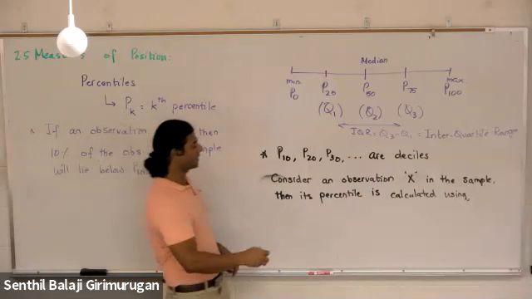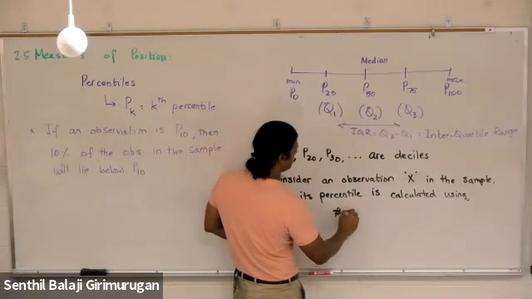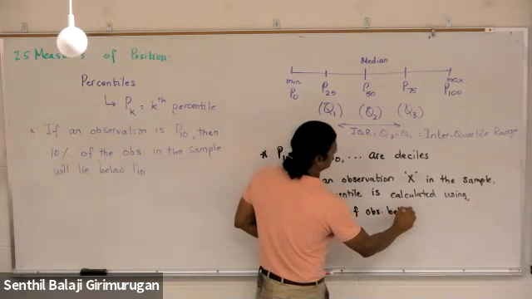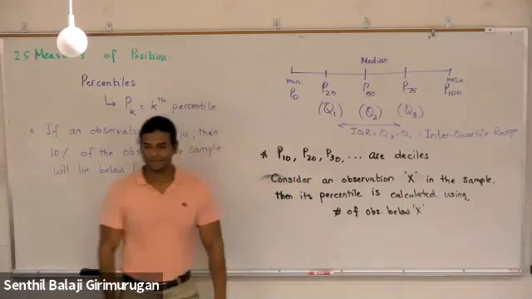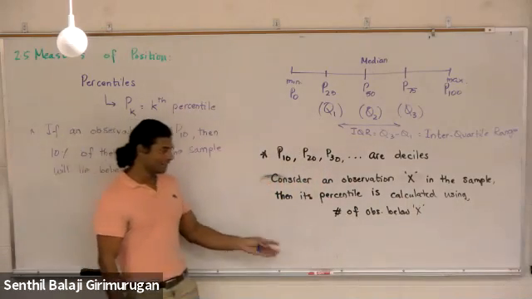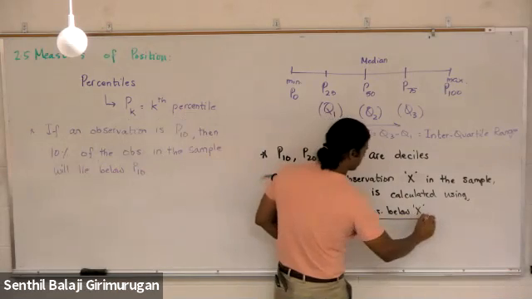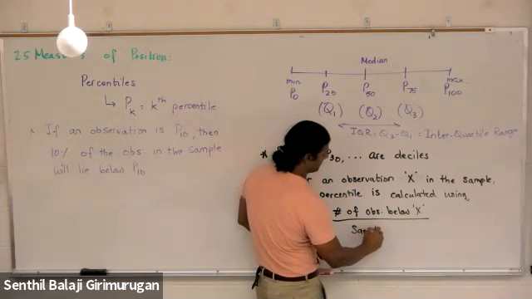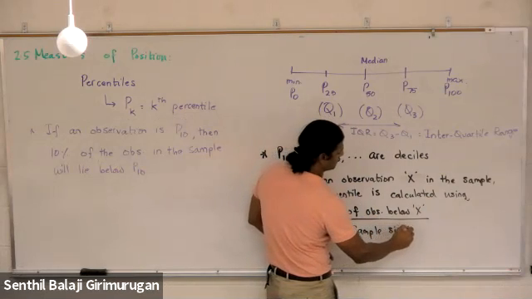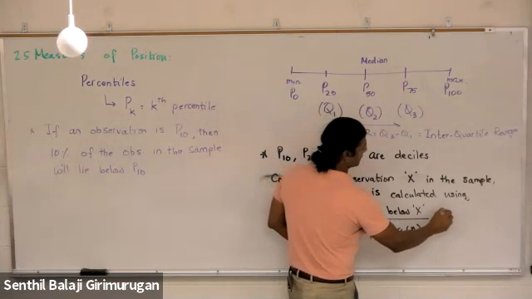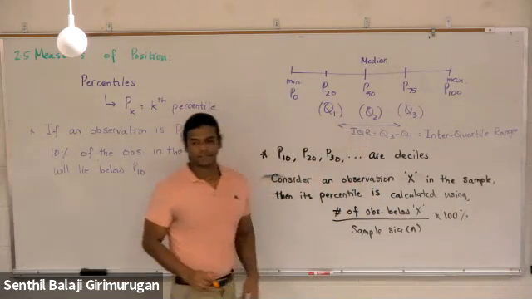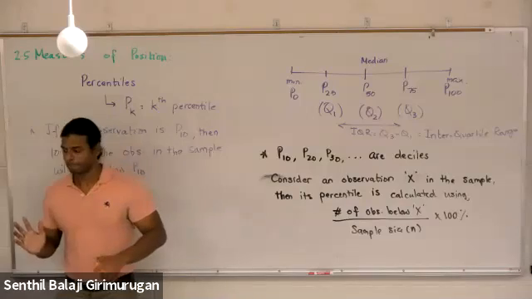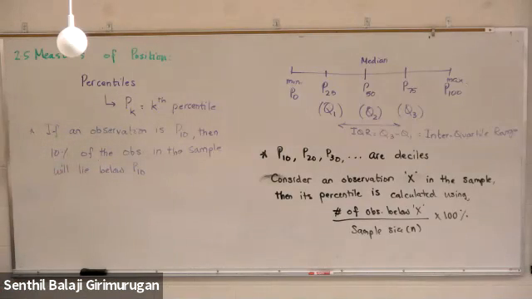We just count the number of observations below X in the sample divided by the total number of observations, in other words, the sample size, multiplied by 100 to get it as a percentage. Does that make sense?